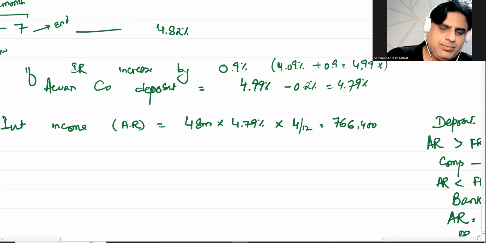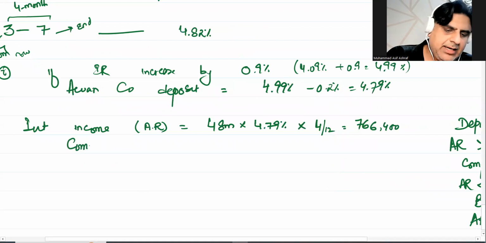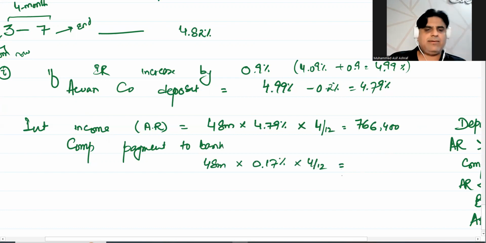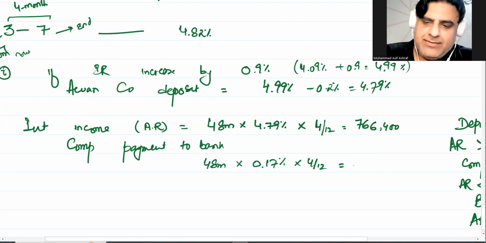So who is going to pay here? The company pays to the bank. 48 million into the difference, which is 0.17% into 4 by 12. So this is 27,200.